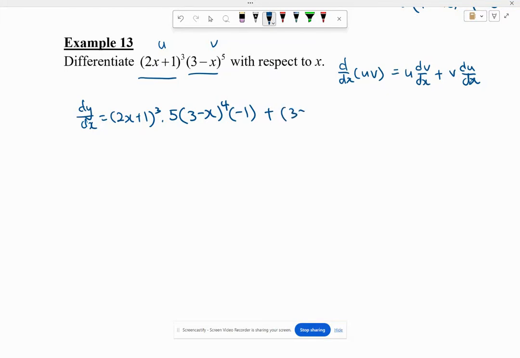So v is 3 minus x power 5, copy it down, times du dx. We apply chain rule. Differentiate inside the bracket, simplify it first.